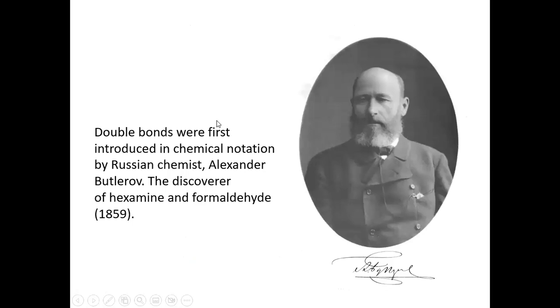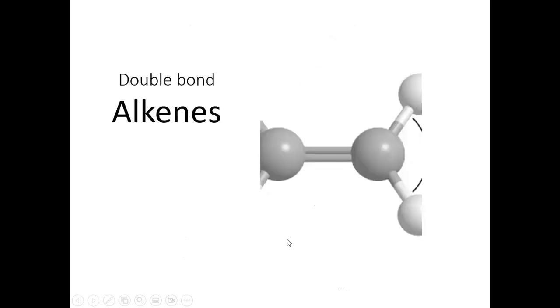Just to share the history, double bonds were first introduced in chemical notation by Russian chemist Alexander Butlerov in 1859, where he discovered two chemicals, hexamine and formaldehyde. And we will look at the double bonds, alkenes.